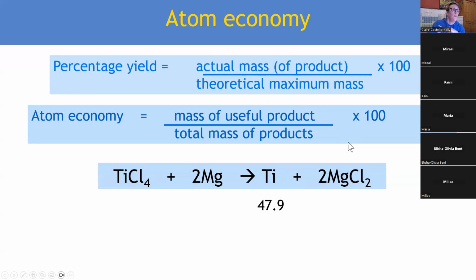So in this case, if it was for making titanium, we write down the atomic mass of titanium from the periodic table, and then we work out the total mass of my 2 lots of magnesium chloride. So the 47.9 is the useful stuff, and the 2 times 95.3 is the wasted stuff.